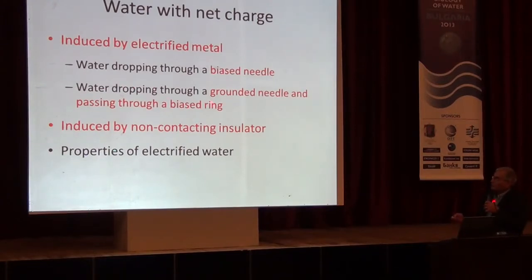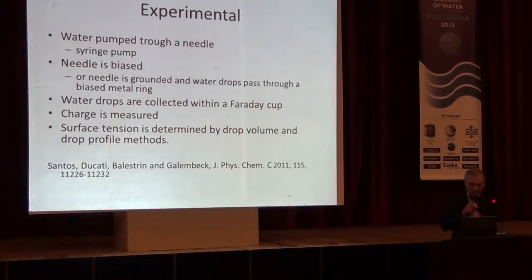In this case, there is no contact between water and the metal. It just passes through. And here it is induced by a non-contacting insulator. And then I will tell you some about the properties of this electrified water.